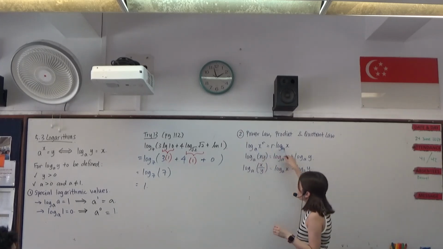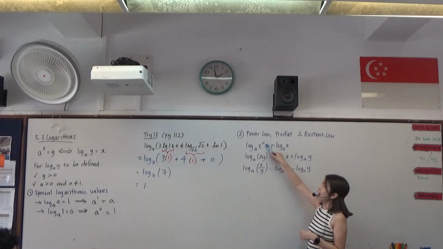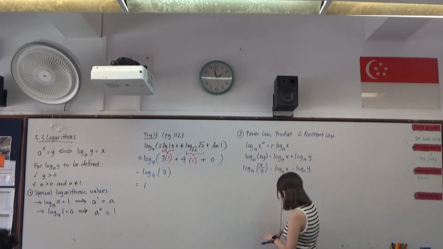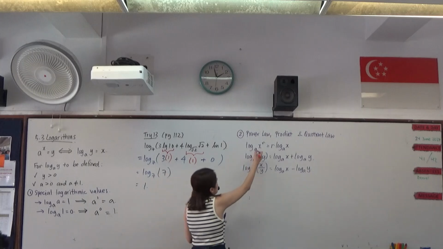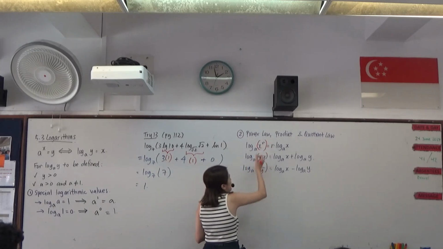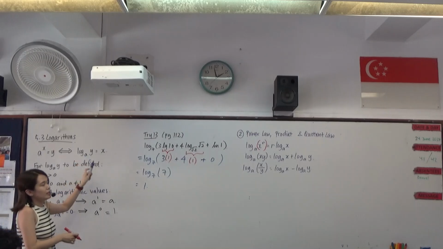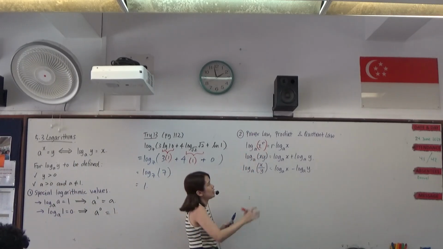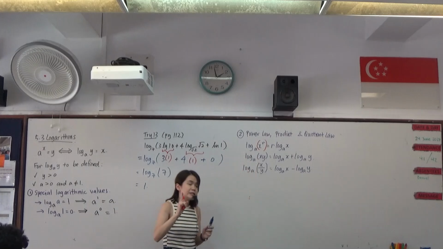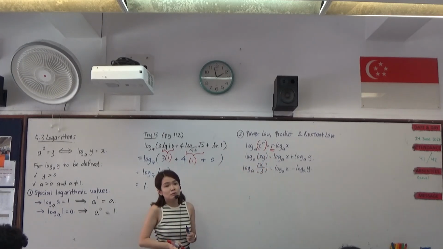In your very first power law here, we say log x to the power of r base a. What I mean is that I'm looking at this x to the power r as though it is your y over here. The base is a. When you have a power to this base, one base only, what happens is that your power can come down.